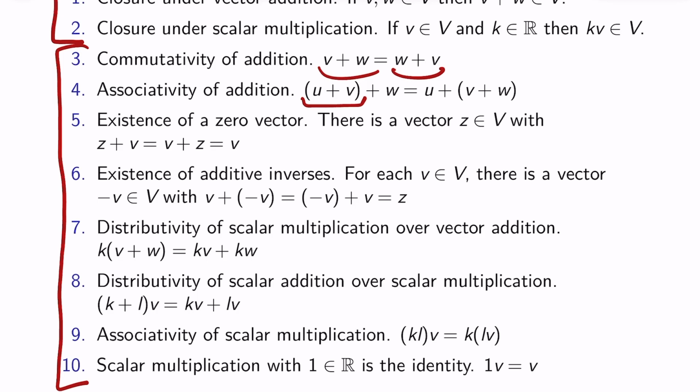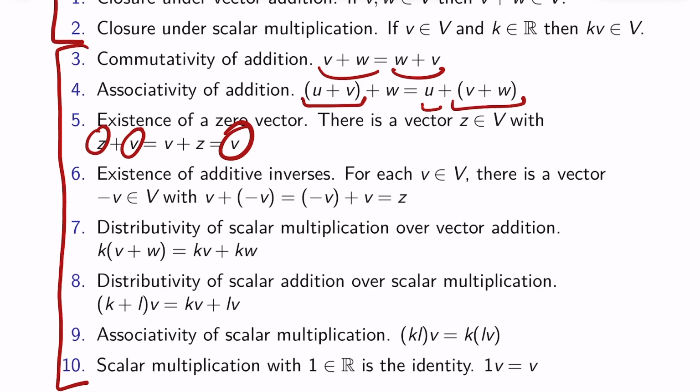So if we add 3 things, it's the same if we add first these 2 and then the third, or if we add these 2 and then the third. There should also be the existence of something that acts as the zero vector, meaning some vector that, when added to any other vector, keeps the vector as it was.